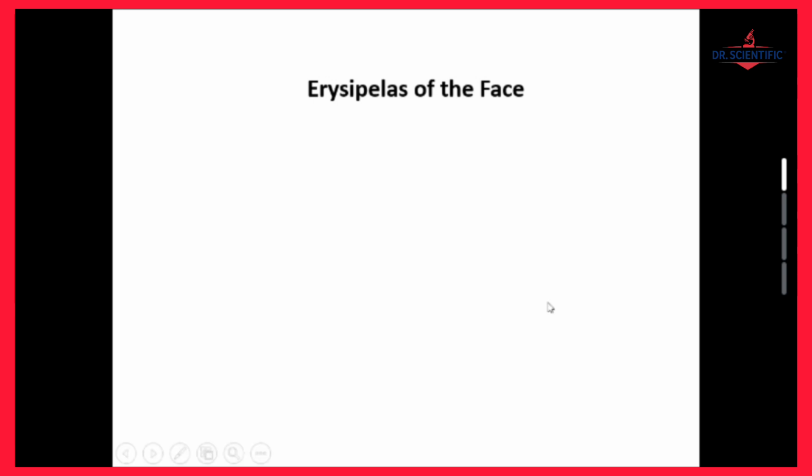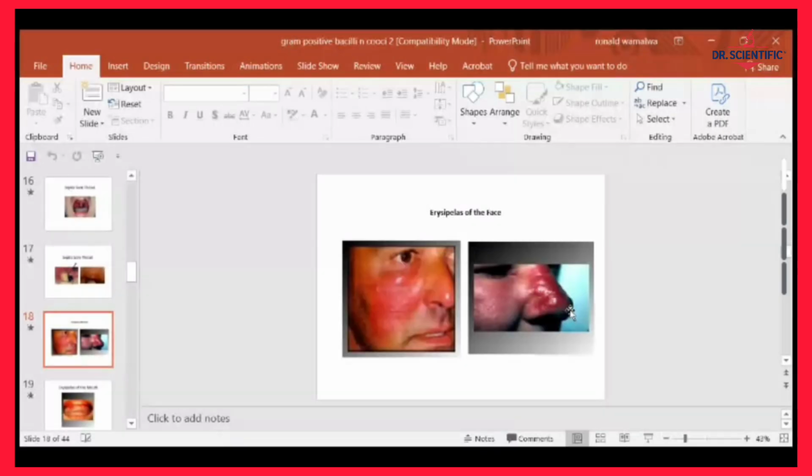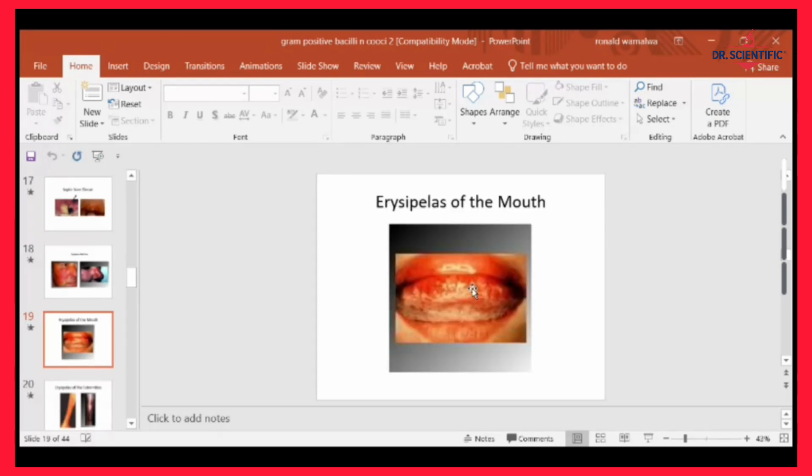Therefore, we must be able to quickly treat. Then we have what we call erysipelas of the face. It's the reddening and inflammation of the face. See the nose of that man and the face quite red because of infection by Streptococcus pyogenes.